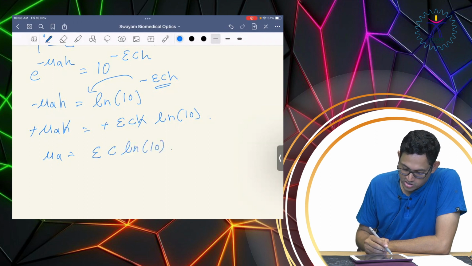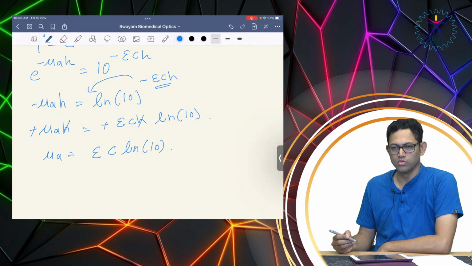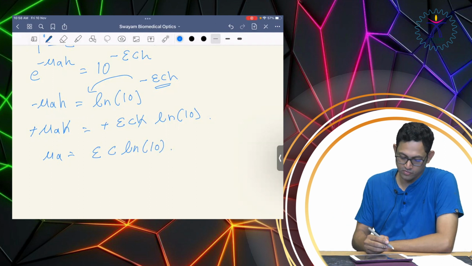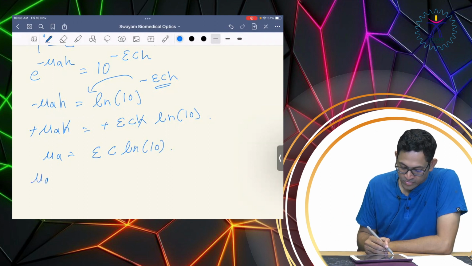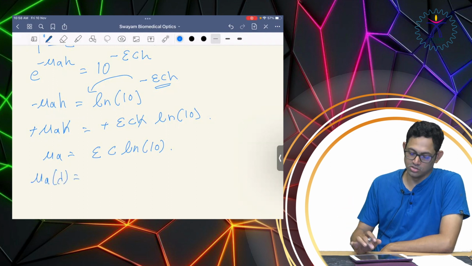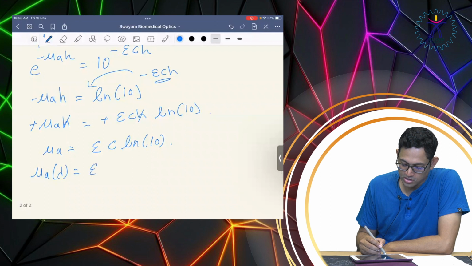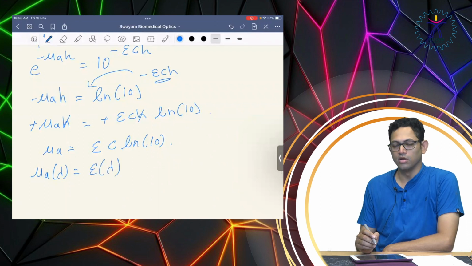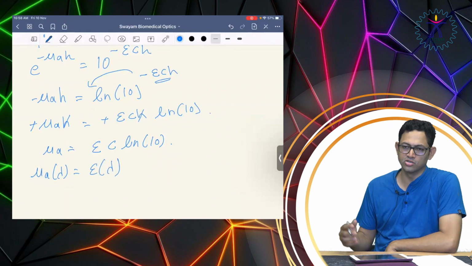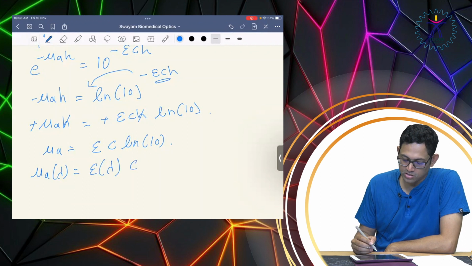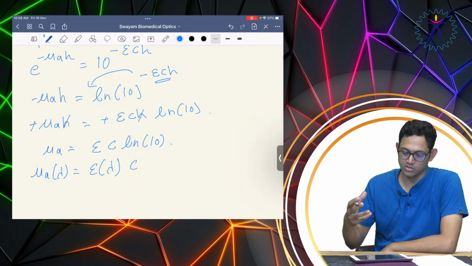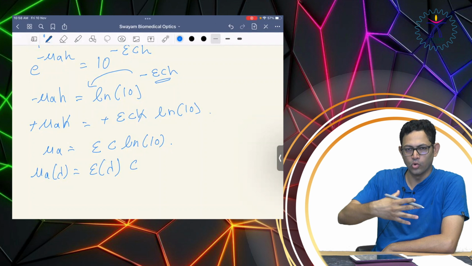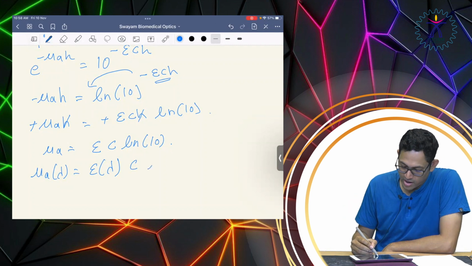This is for a particular wavelength. If I want to write it as a function of wavelength, mu a, the absorption coefficient, is a function of wavelength, and epsilon, the molar extinction coefficient, is again a function of wavelength. Concentration is not a function of wavelength, since it is already flowing within the sample. And ln of 10 is a scalar value.